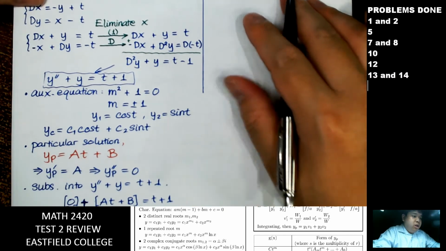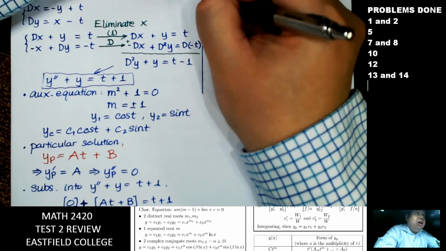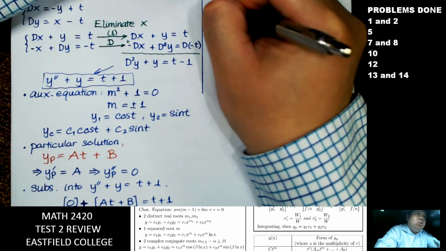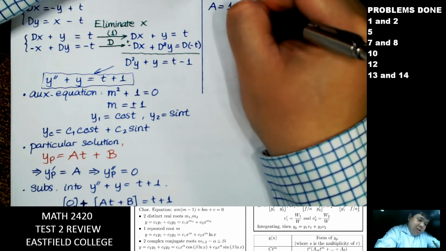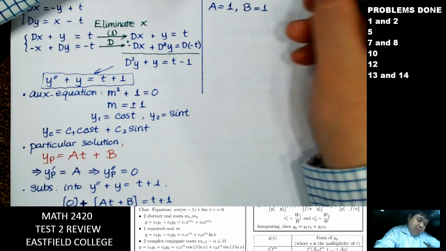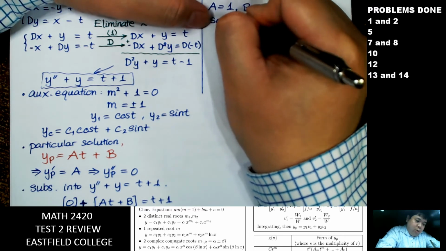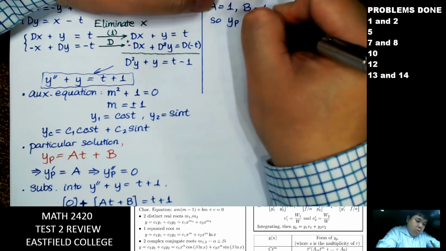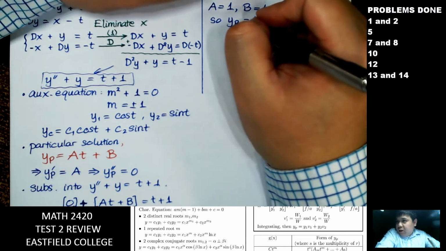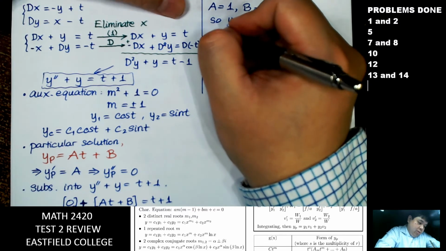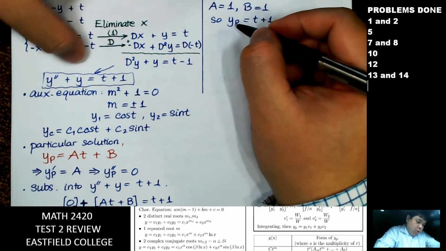I guess I will continue here. Here a is 1 and b is 1. So particular solution is just t plus 1. So particular solution is this.